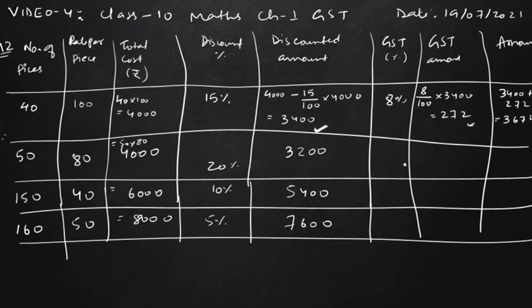Next we have the GST. GST is 12%, 18% and 5%. All of you know how to calculate the percentage. So find 12% of 3200 and you will get some amount. Similarly 18% of 5400 and 5% of 7600. I have already calculated this, so I will write the figures.